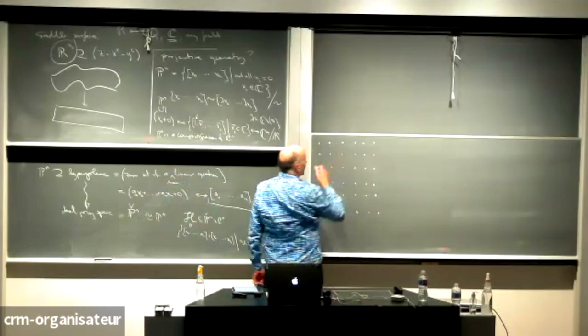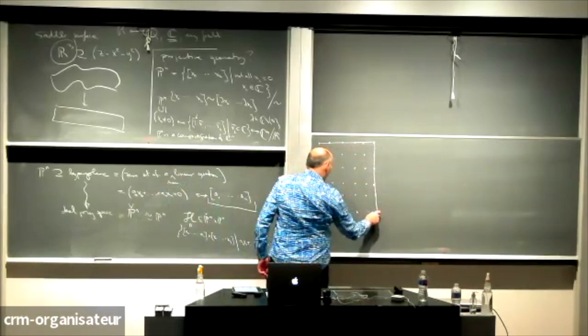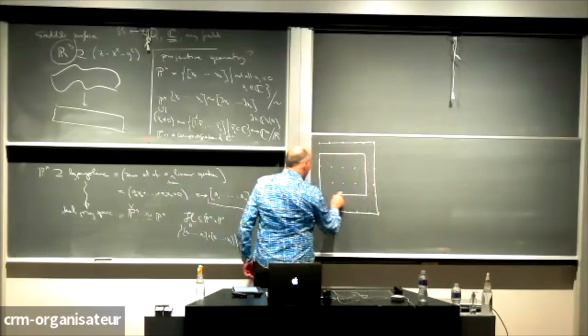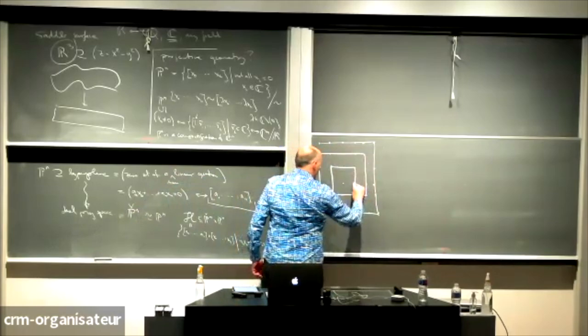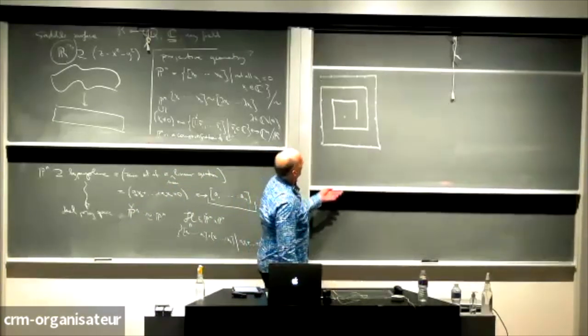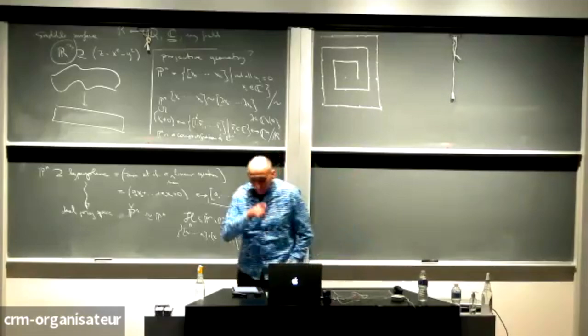So I'll show you one that doesn't work. You could do this: 3, 4, 5, 6, 7, 8, 9, 10. It misses one. So you have to do a little bit better.